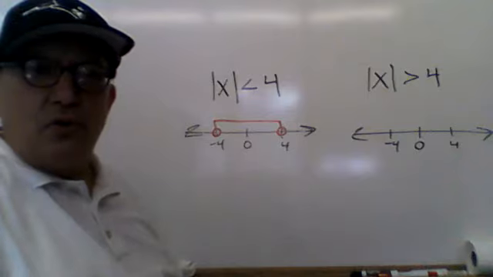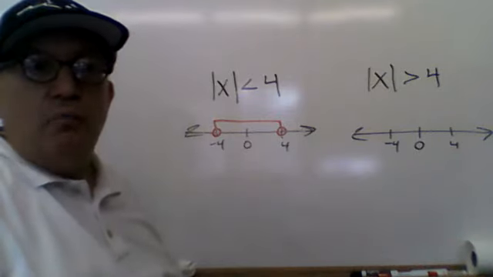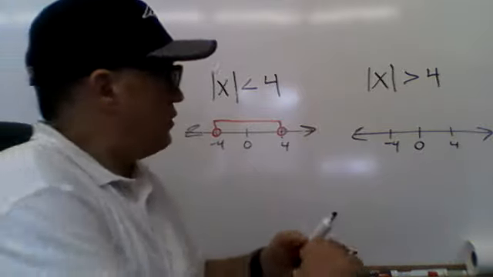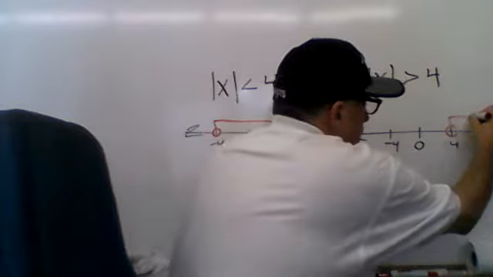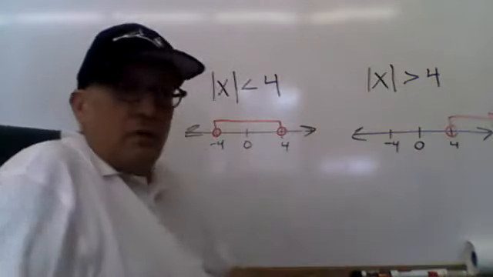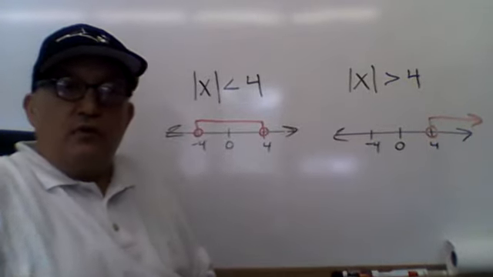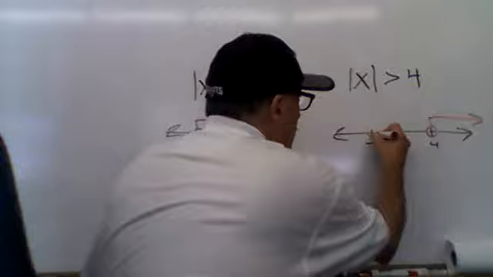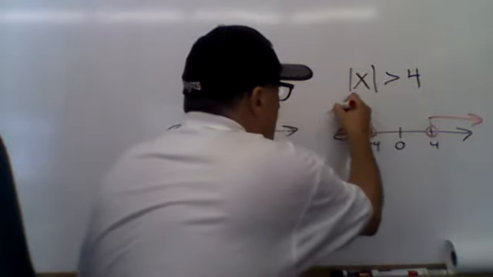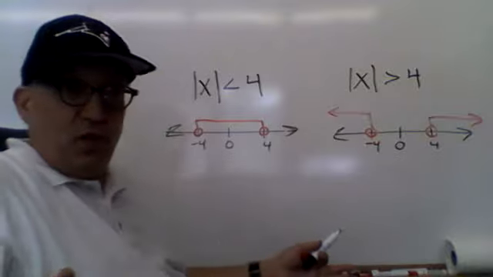Where are all of the numbers that are more than 4 units away from 0? Well, anything to the right of 4 is more than 4 units away from 0, and anything to the left of negative 4 is more than 4 units away from 0. It's a completely different looking graph.